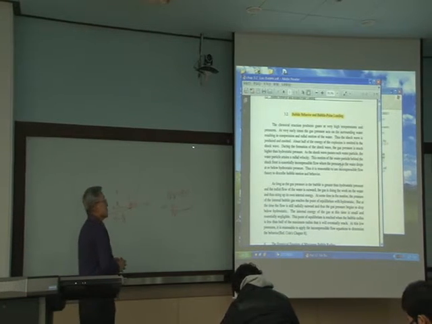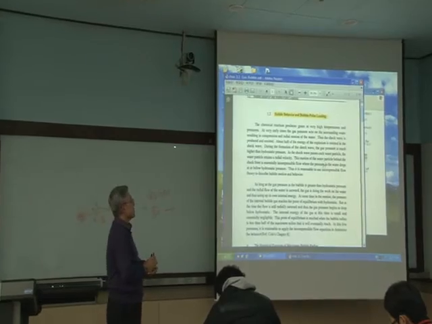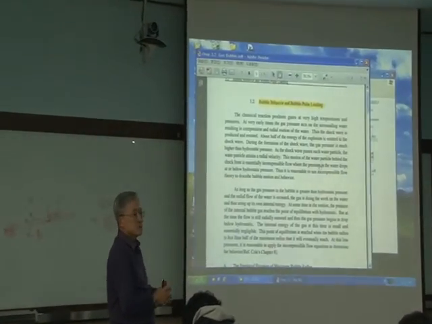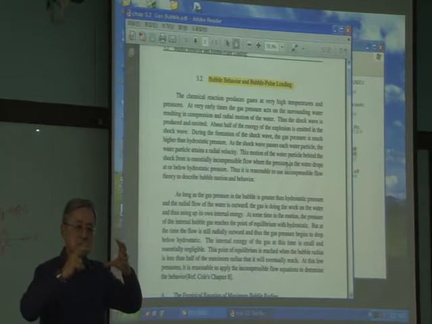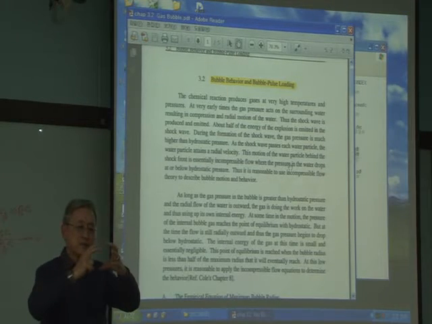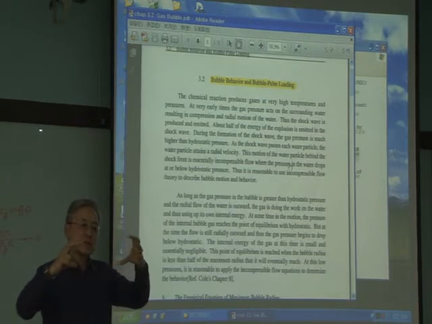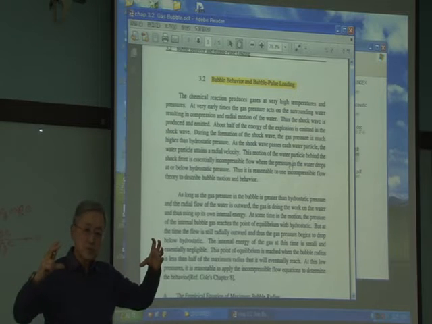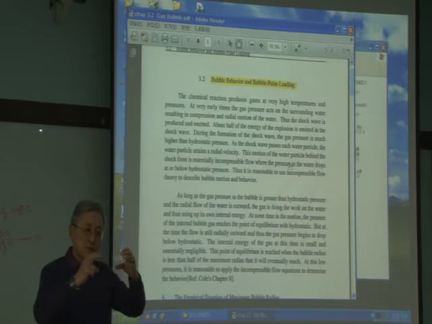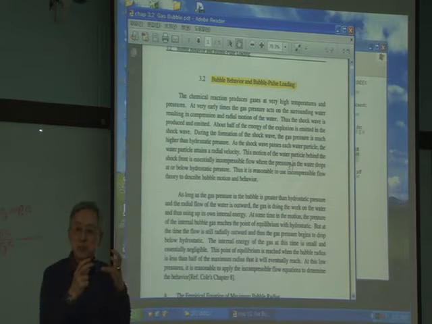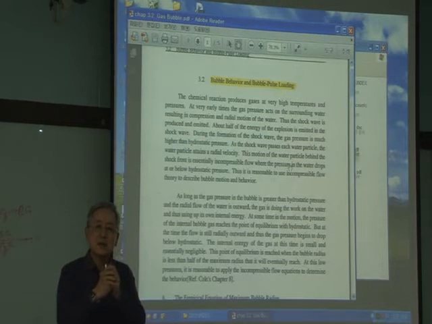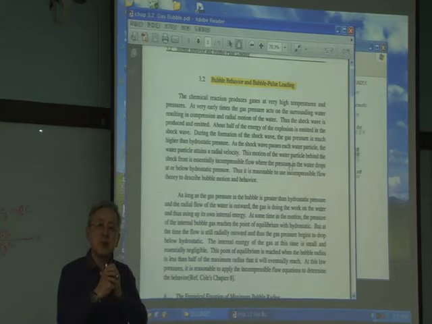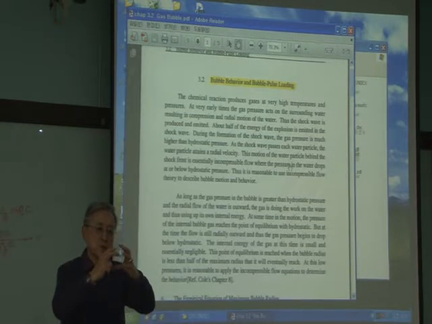So, the bubble behavior and the bubble pulse loading. I mentioned the gas bubble. Right after the shock wave propagates in the radial direction, it generates a gas bubble due to the remaining TNT powder surrounded by the water.